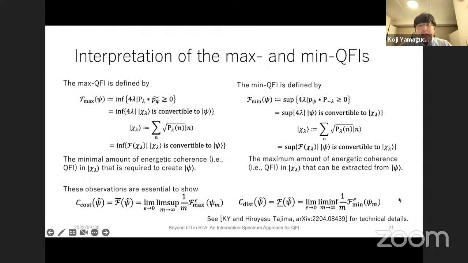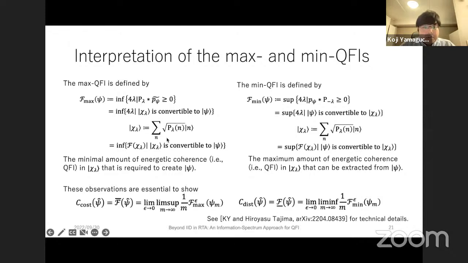So by using the asymmetric majorization, I will now explain the interpretation of the maximum and minimum quantum Fisher information. We define the maximum quantum Fisher information by this equation. The condition we impose here is the asymmetric majorization relation. So we can rewrite this quantity in this way, where chi lambda is a pure state whose energy distribution is given by the Poisson distribution.